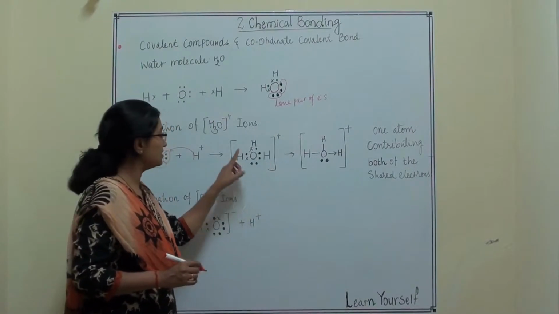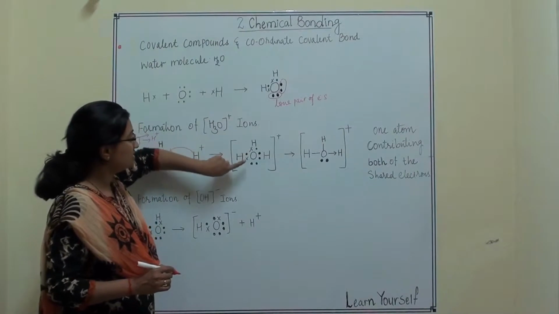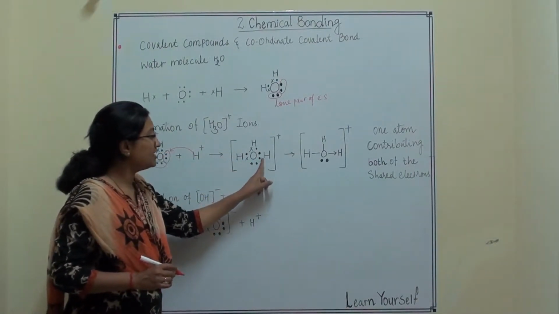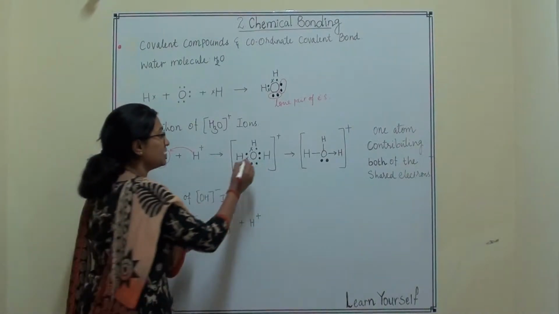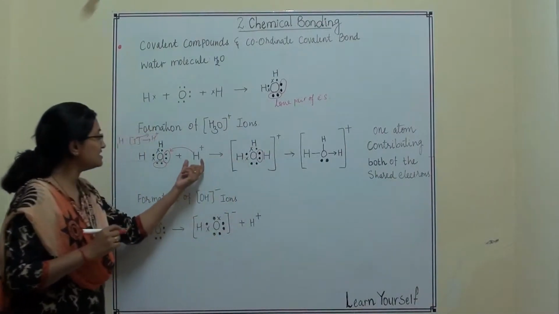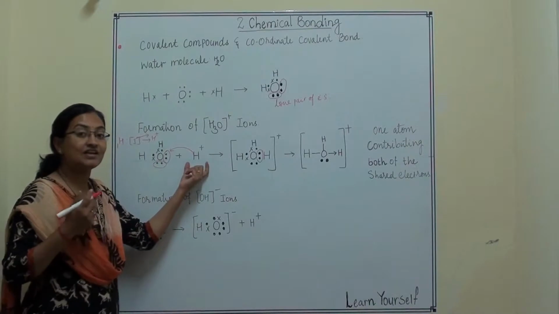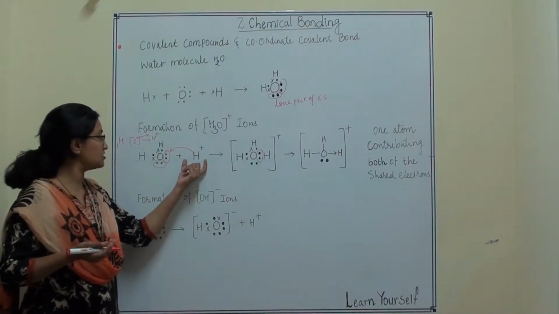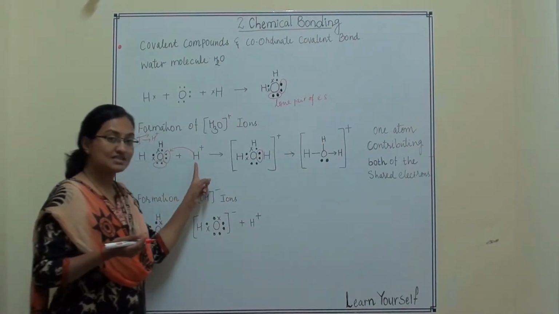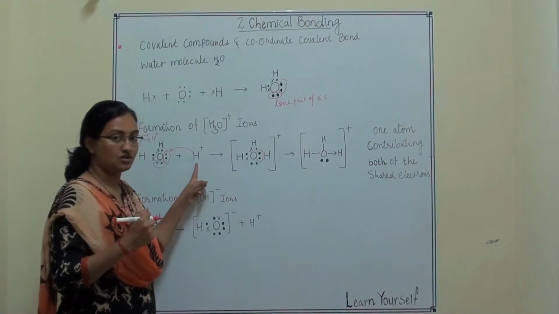If you can see here, this is a covalent bond, also a normal covalent bond, but this bond is formed by both the electrons of oxygen, because when this hydrogen is combined with this H2O molecule, it doesn't have any electrons. It is H plus. Whatever electron was there, it has lost. When it loses 1 electron, it gains a plus charge.